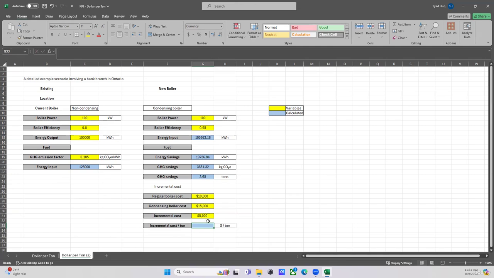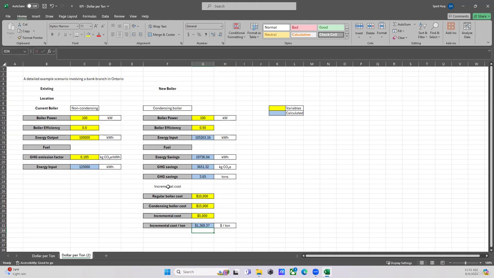Or for 1 ton of carbon dioxide emission reduction, what is the cost you are paying? The way to calculate it is this incremental cost, $5,000, divided by 3.65 tons, which is your carbon dioxide reduction because of the new boiler. So to reduce 3.65 tons, you are paying $5,000 more.